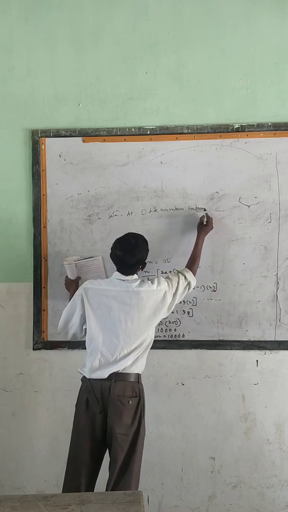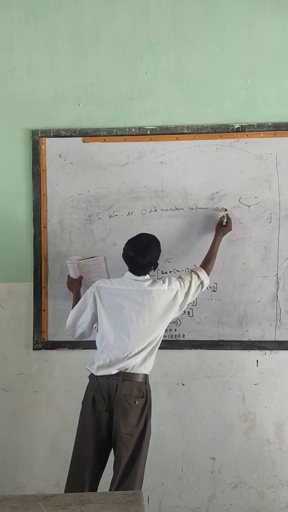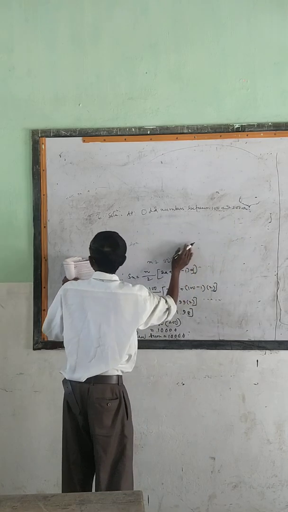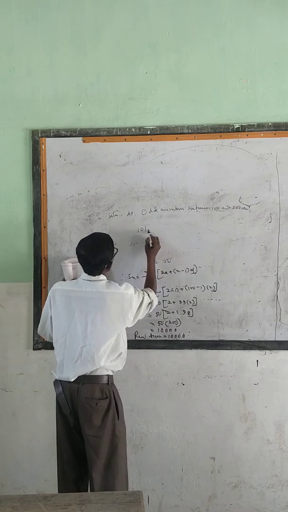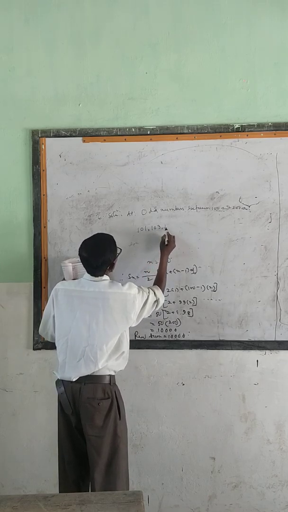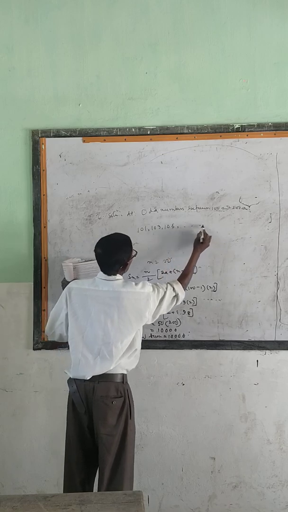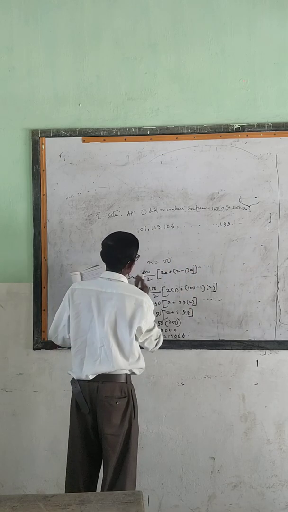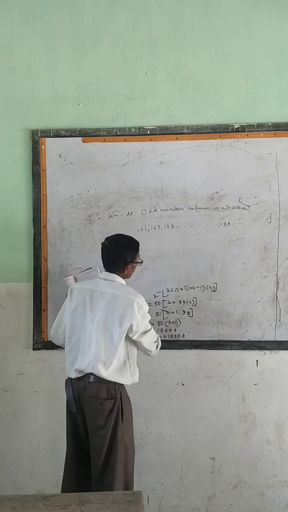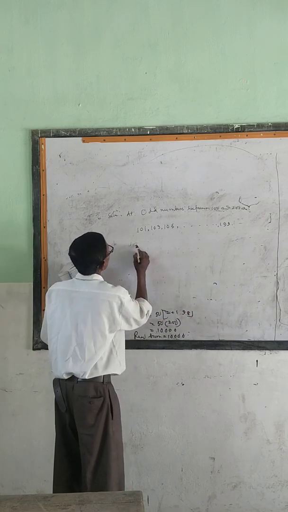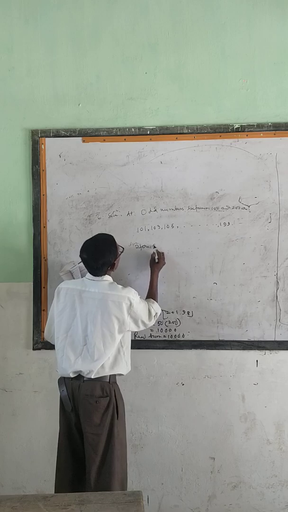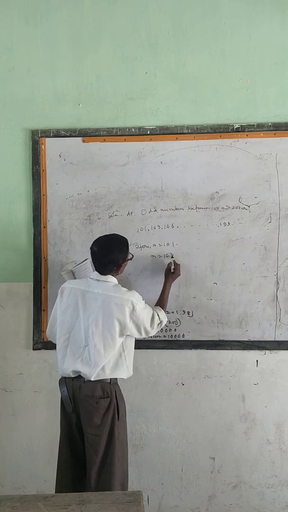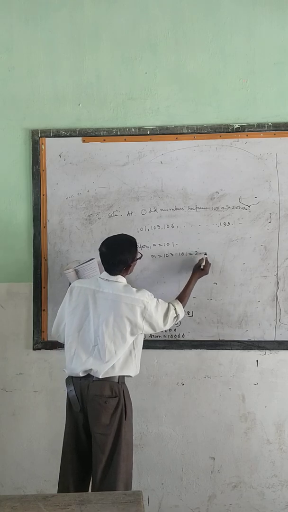Odd numbers between 100 and 200 are 101, 103, 105. Last one between 200 and 199. So here A means 101, d means 103 minus 101 equal to 2.